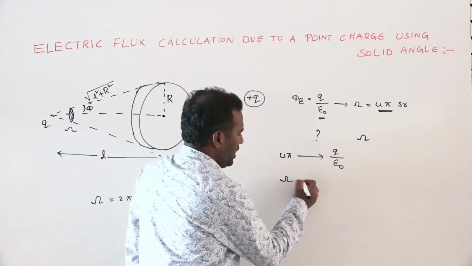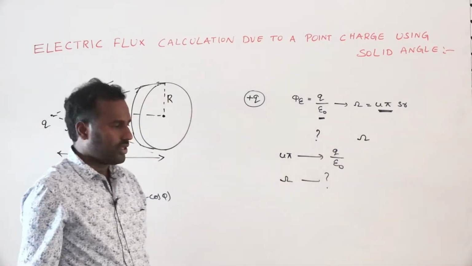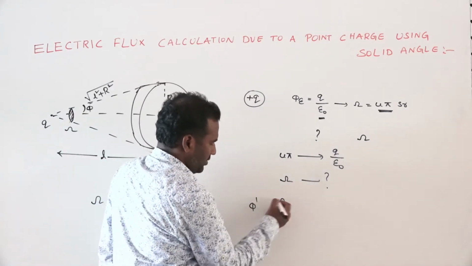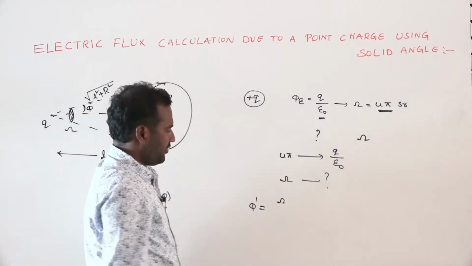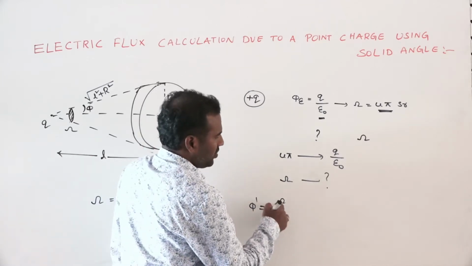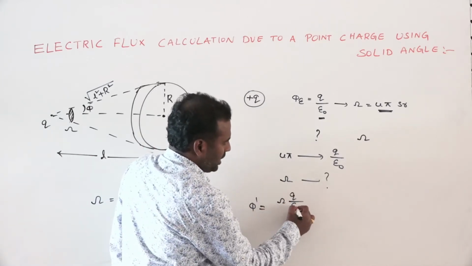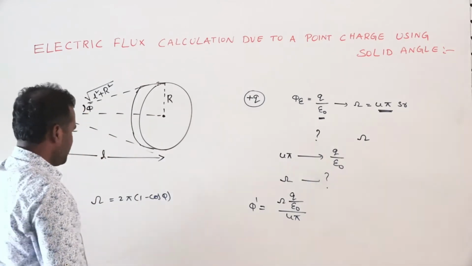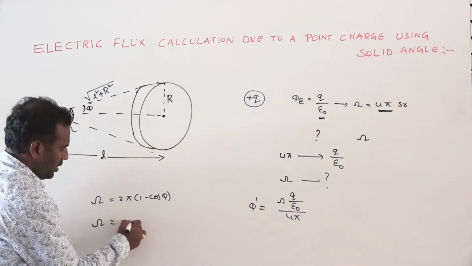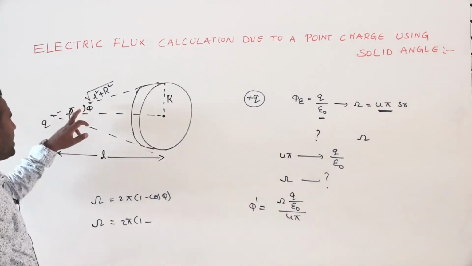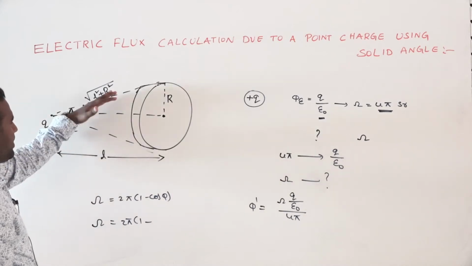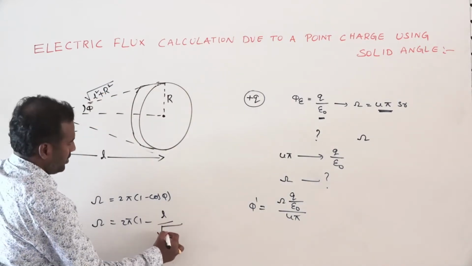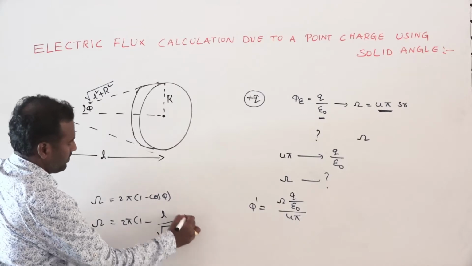For a solid angle omega, the flux phi dash is omega into q by epsilon naught upon 4 pi. Since we know that omega is equal to 2 pi into 1 minus cos phi, and by seeing the diagram, cos phi is the adjacent side by the hypotenuse, that is L by root of L square plus R square.